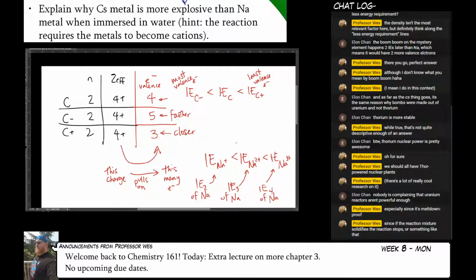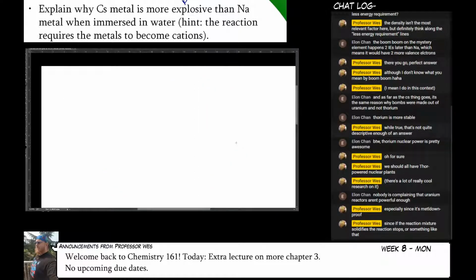What I'm going to write on the screen here is the equation for what actually happens in the water. You don't actually need to know this, but just in case you were curious. And I have to balance the equation here, so hold on. Here you go. There's the reaction.